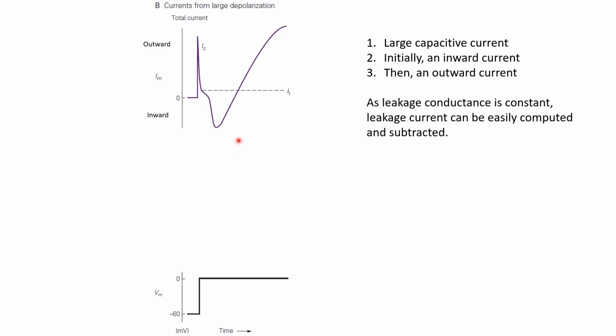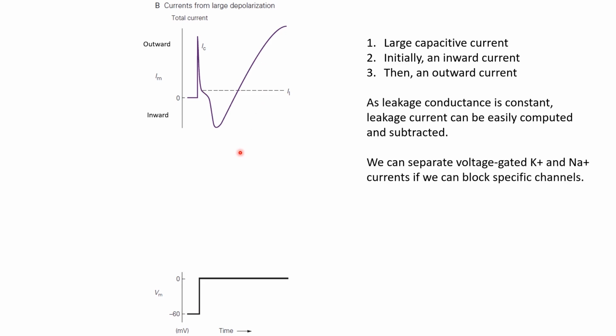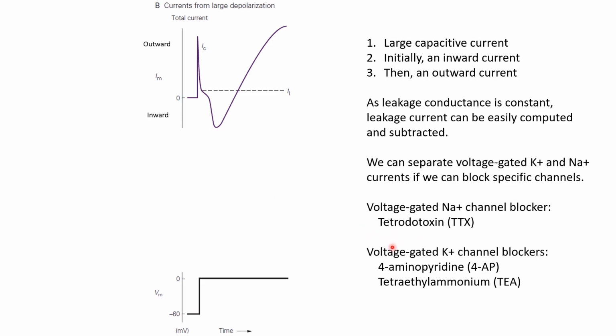And now, can we resolve what part of this current is because of sodium channels and what part is because of potassium channels? Well, for that we can use the pharmacological agents as we saw in the last video. So for sodium, we can block the voltage-gated sodium channels using tetrodotoxin. Similarly, for potassium, there are other chemicals like 4-aminopyridine or tetraethylammonium.